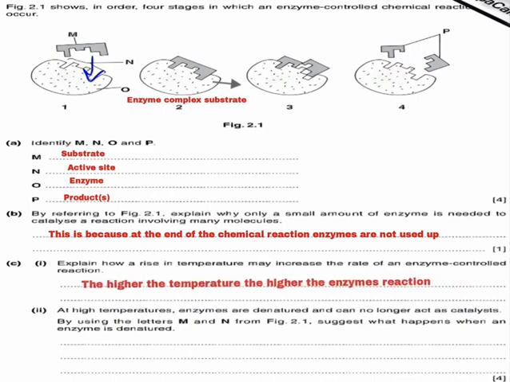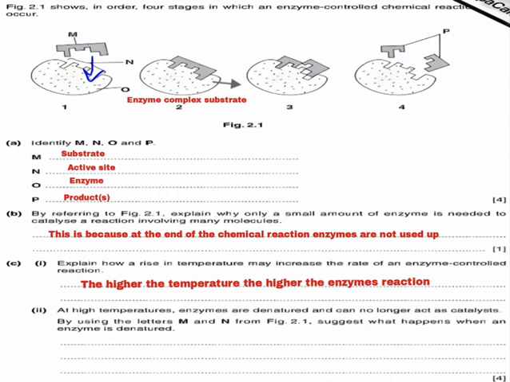Then as for Roman numeral 2, it is saying at high temperatures, enzymes are denatured and can no longer act as catalysts. By using the letters M, the substrate, and N, the active site, from figure 2.1, suggest what happens when an enzyme is denatured.